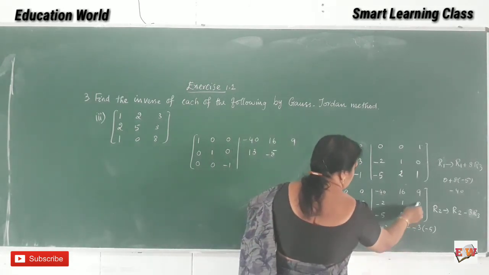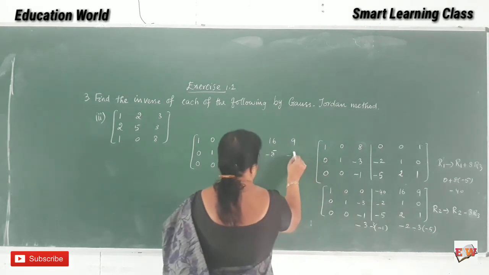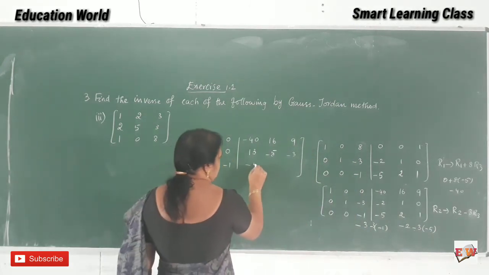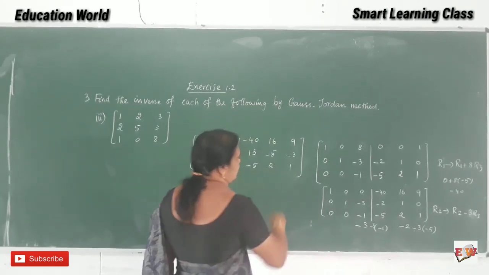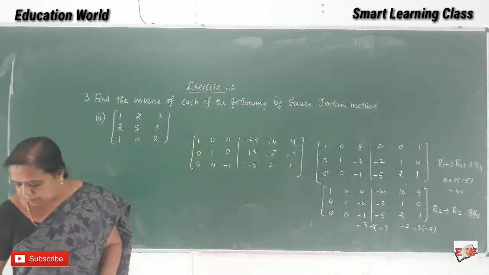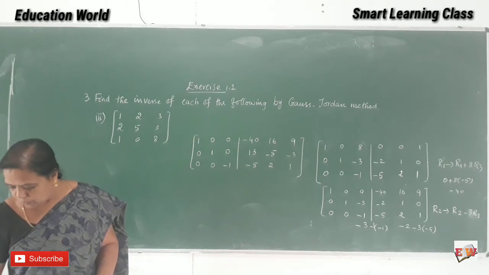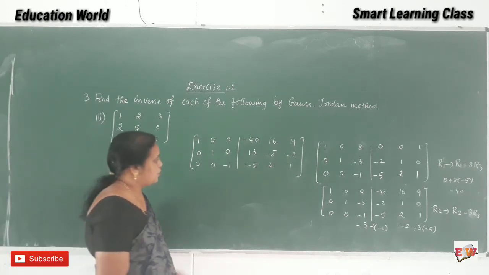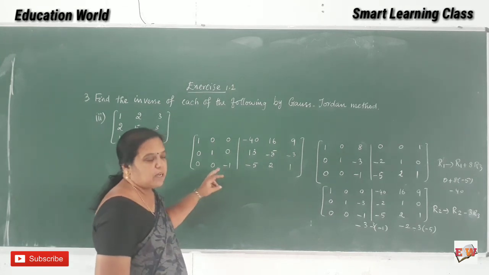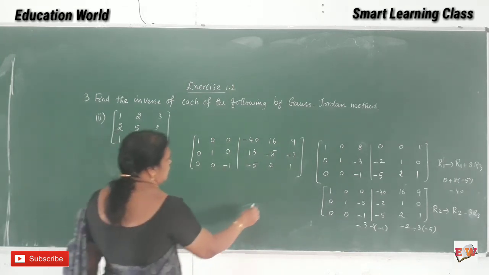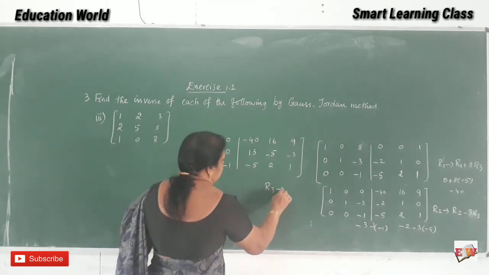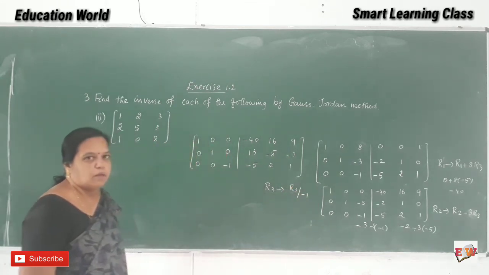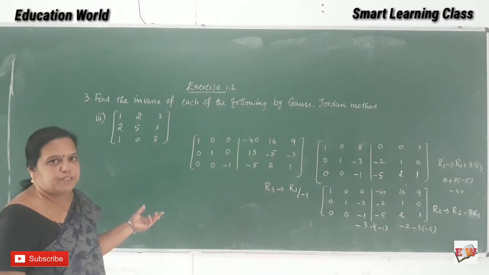Then 0 minus 3, minus 3. Last, minus 5 to 1. Finally, here only one minus is there, now I am going to divide R3 by minus 1.